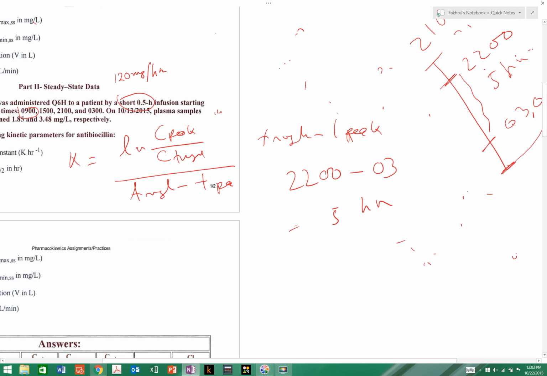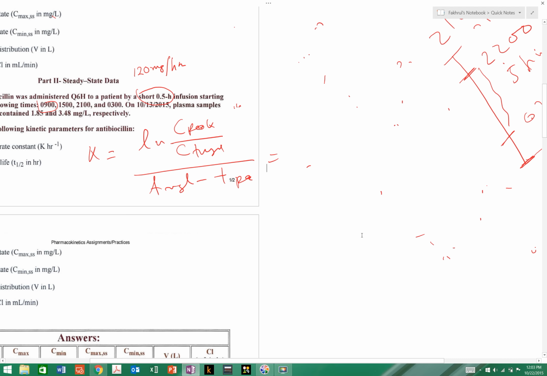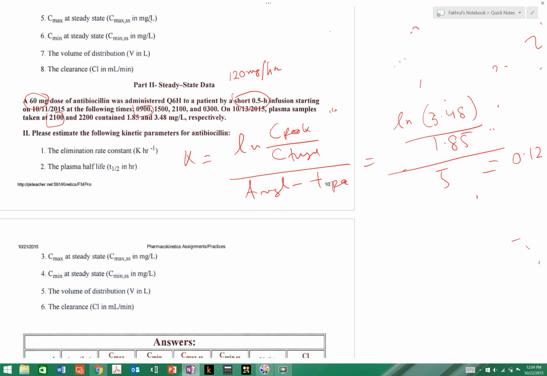You know T trough minus T peak is 5 hours. So here it is ln of 3.48 by 1.85, divided by 5. This will give you, I guess, 0.1264 per hour. This is your K at steady state.